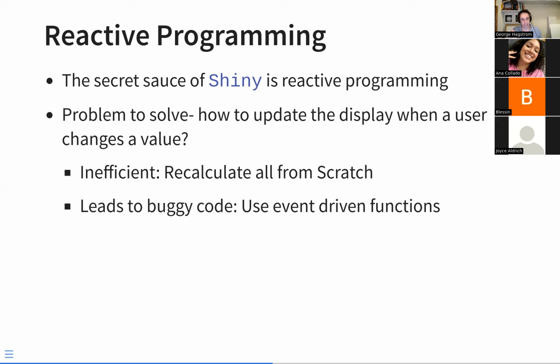So you would have a function which said, "Oh, if slider input changes, then update the graph." And that is fine, but when you have a complicated website, it can be difficult to manage in your head all the dependencies of different graphs on the different inputs.